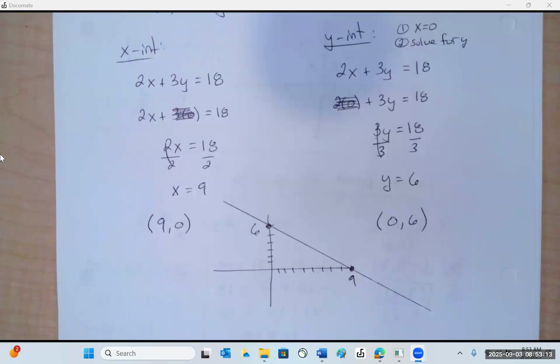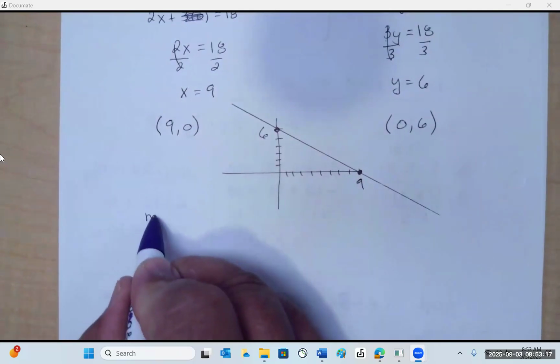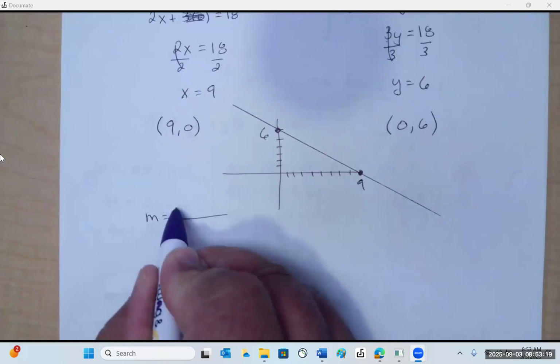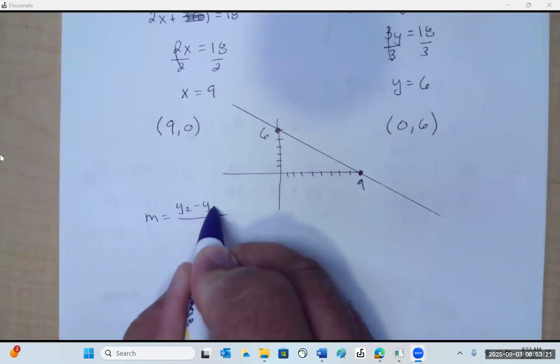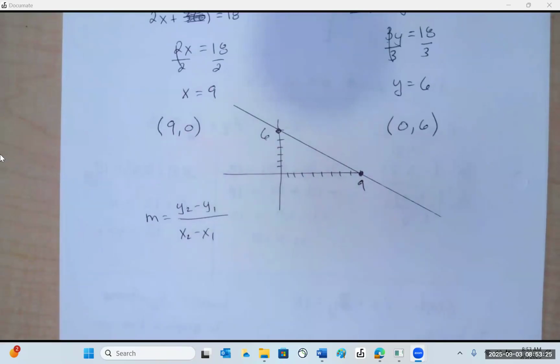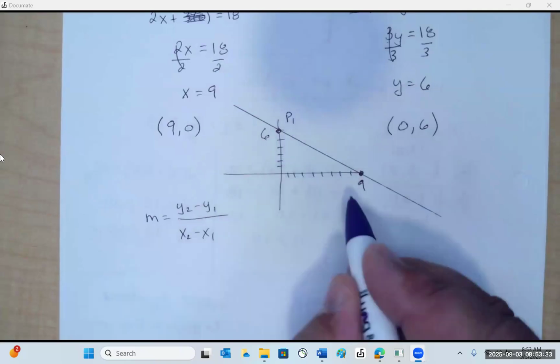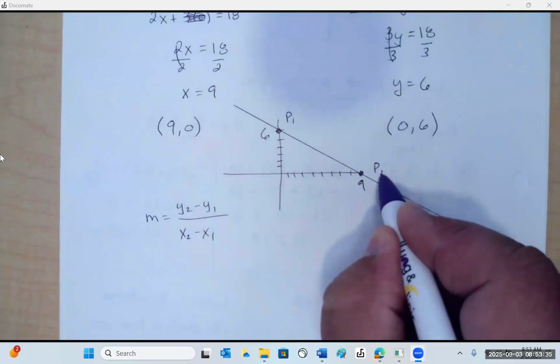Well, let's see. Since we want to know the slope, we have to plug into the formula, which is y2 minus y1 over x2 minus x1. So here's my first point. This is point 1. This is my second point. This is point 2.